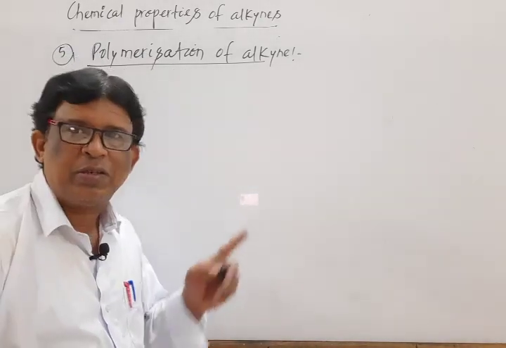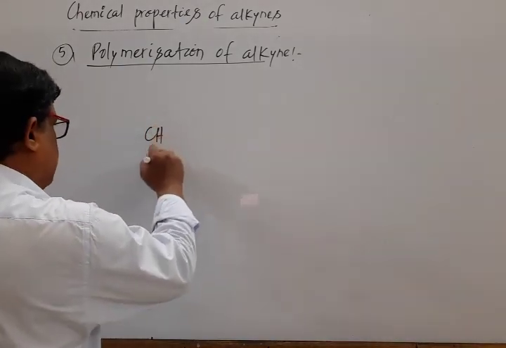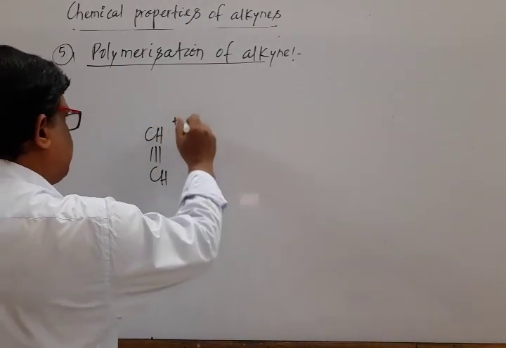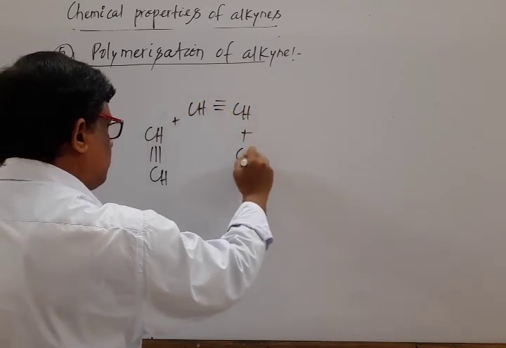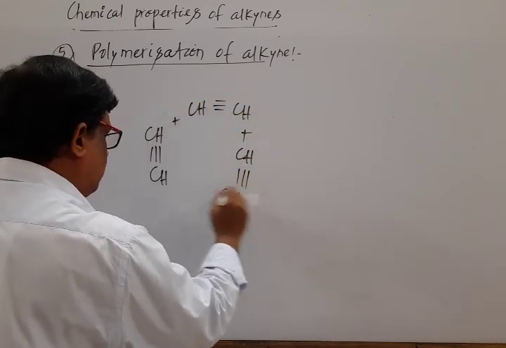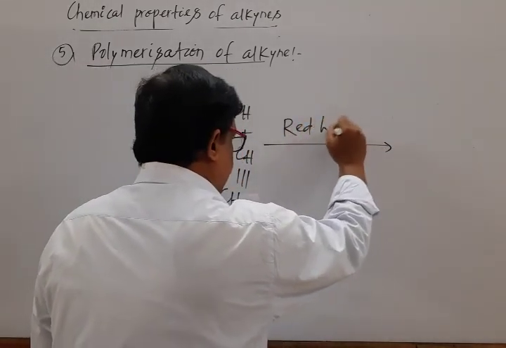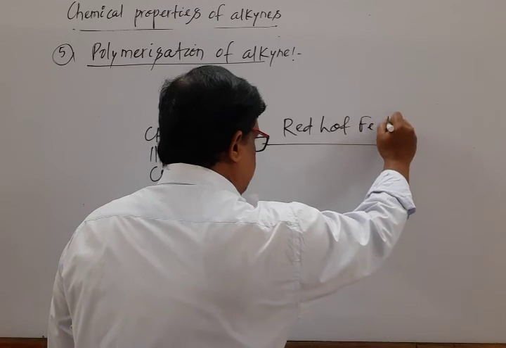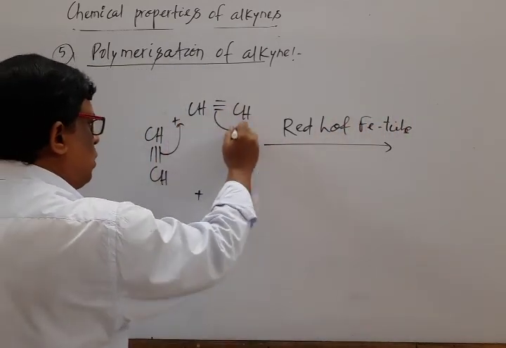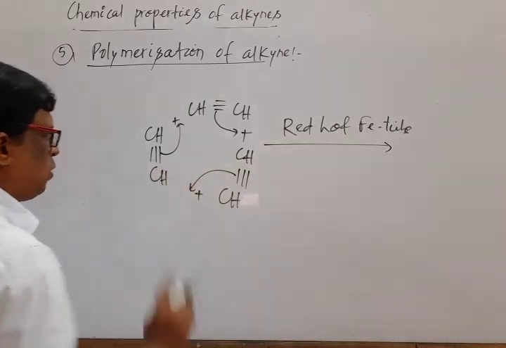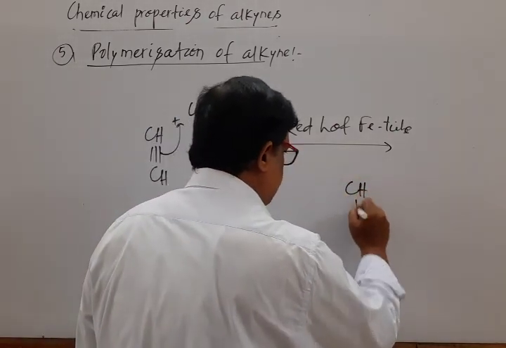First we write the equation, then we write the statement. 3 molecules of acetylene join when passed through a red hot iron tube. What happened? This one transfers to here, this one transfers, resulting in the formation of CH.